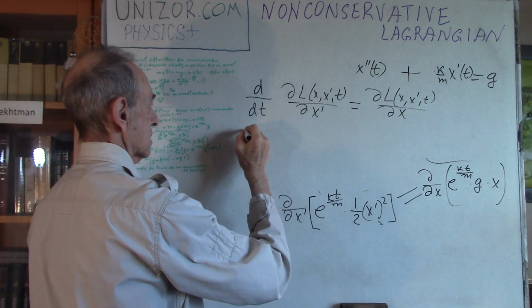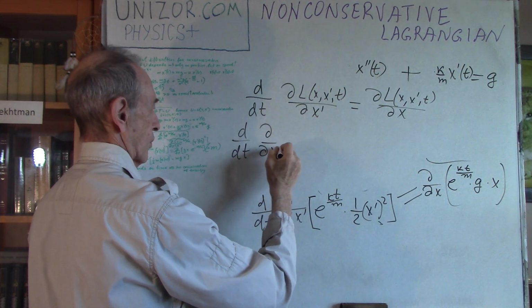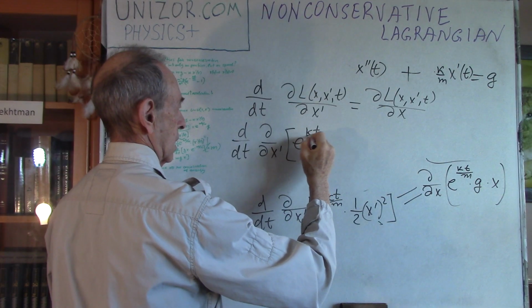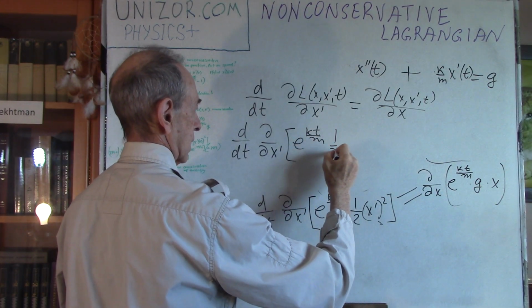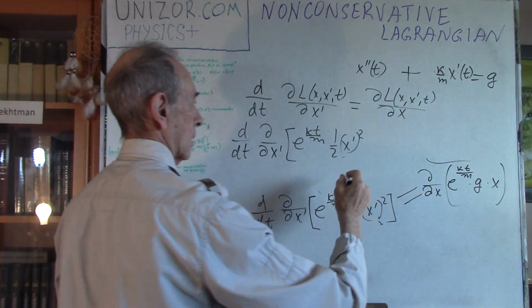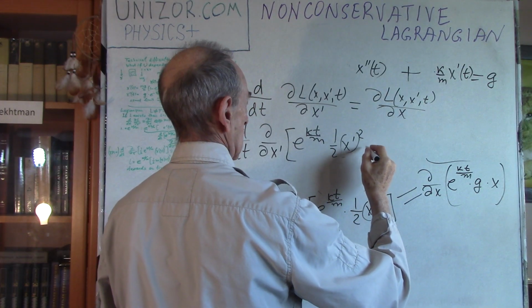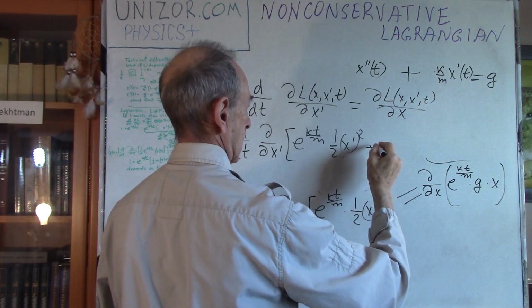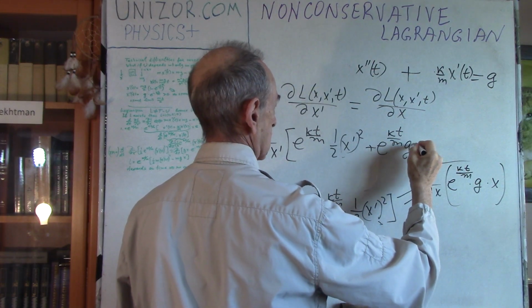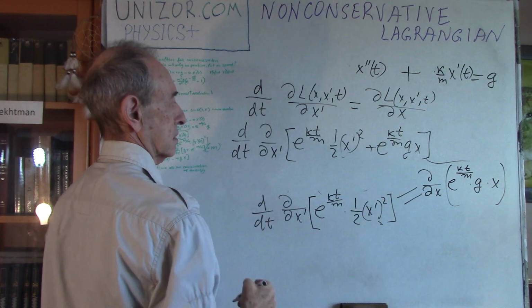So I can always say that this is d/dt of d/dx prime of e^(kt/m)(1/2 x prime squared) plus e^(kt/m) gx. That's on the left side.